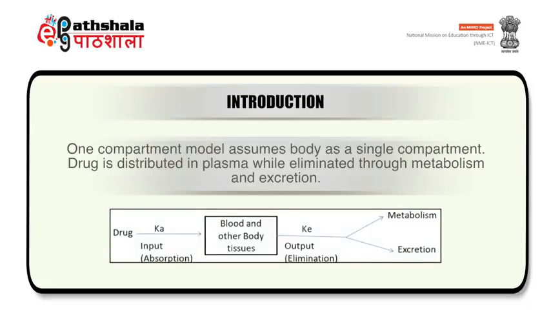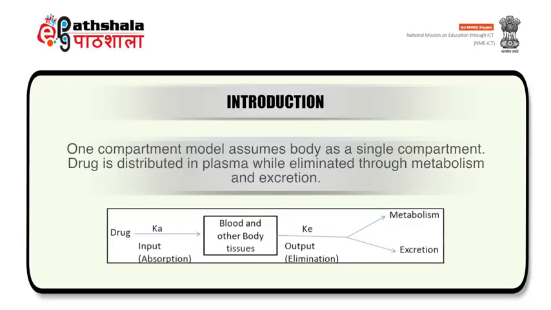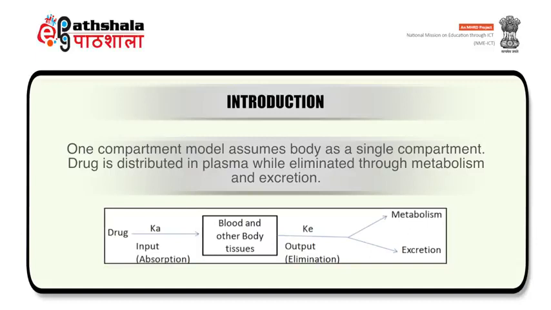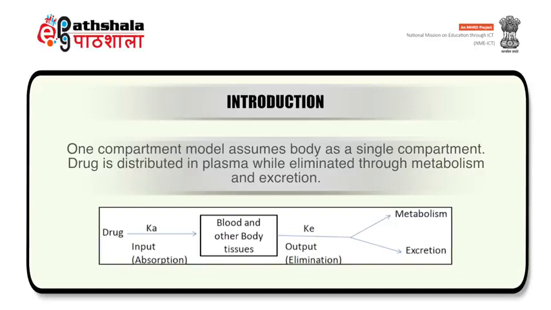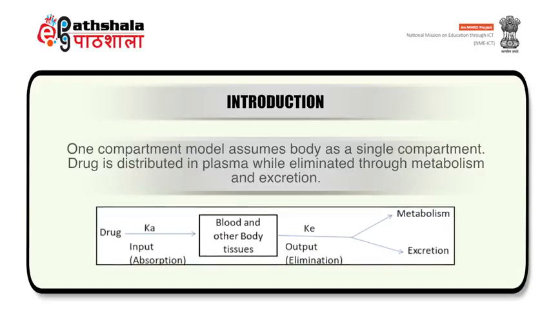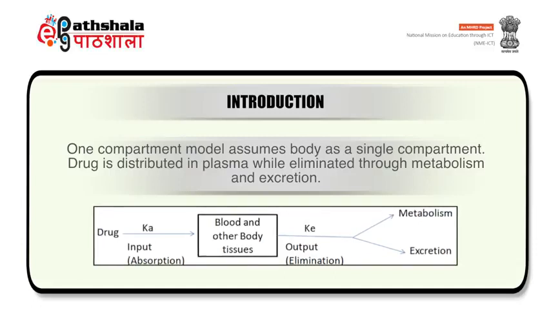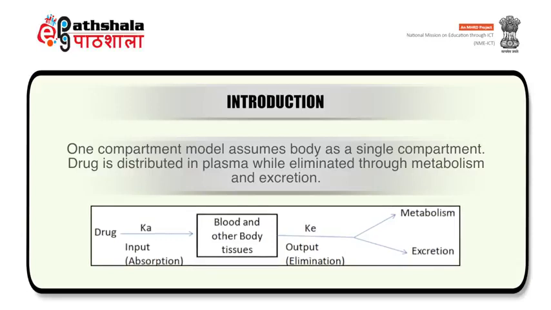The given schematic representation shows the one compartment model with respect to extravascular administration. When the drug is ingested, it is absorbed by a rate constant denoted by Ka, also known as the input rate, that is absorption, and gets distributed to the blood and other body tissues, which in turn is eliminated by a rate constant Ke, termed the output or elimination rate constant, which may be due to metabolism or excretion.